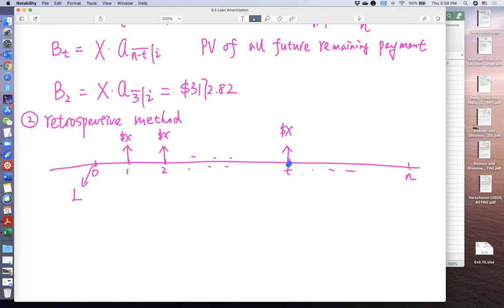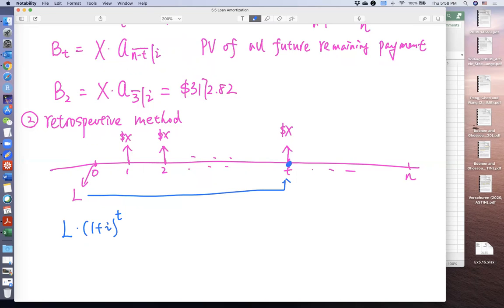First of all, my original loan goes to L times (1 plus i) to the t. This is how I convert the original size of my loan from time 0 to time t. This is how much I have borrowed at time t.